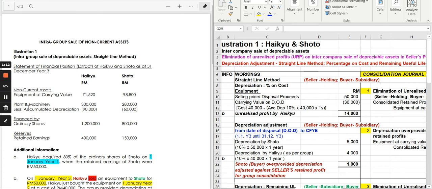Because the asset is being depreciated, not only must the unrealized profit be eliminated, but the depreciation due to the unrealized profit should also be adjusted, and the over provision of depreciation due to the unrealized profits may also need to be reduced.